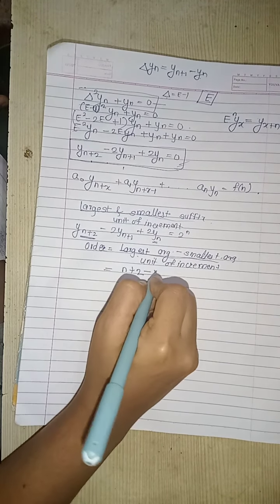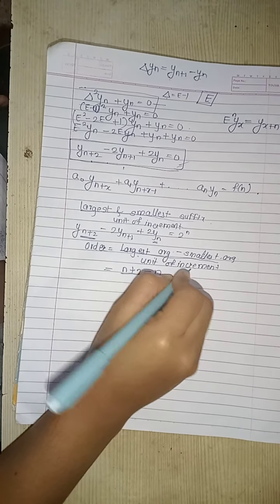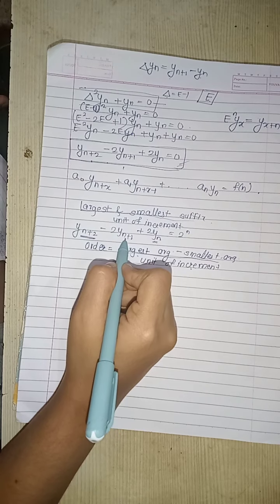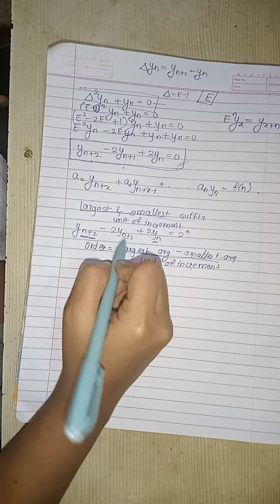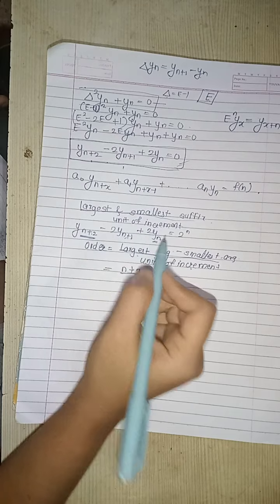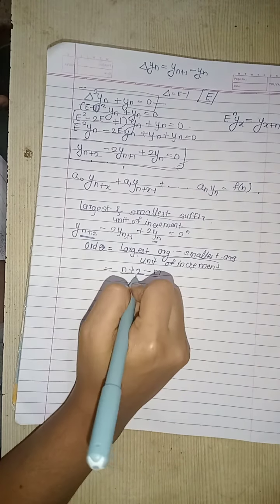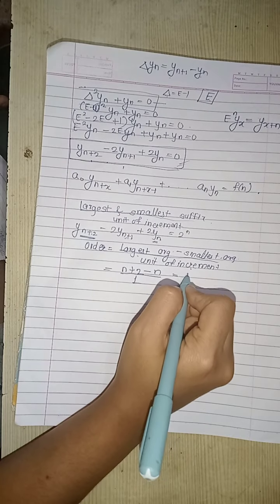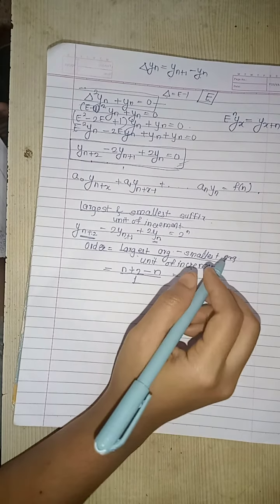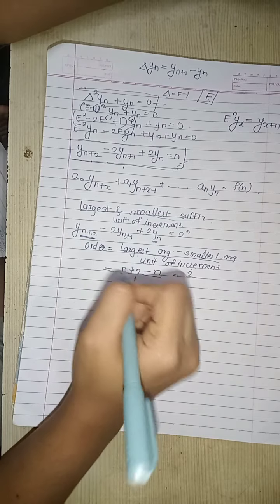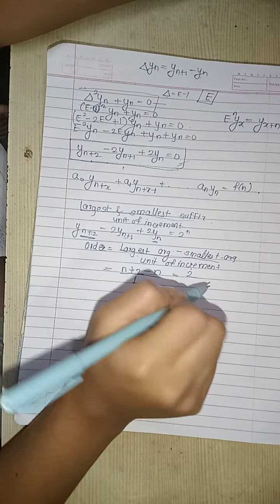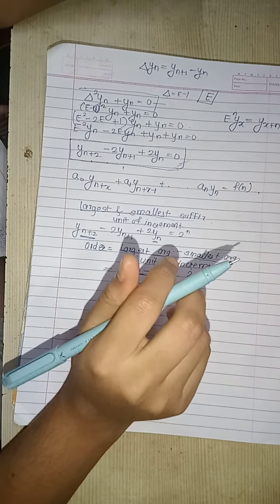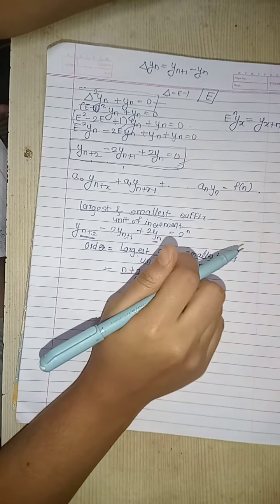Unit of increment is the increase in the value of n: n, n plus 1, n plus 2, so each consecutive term is increased by 1. So the increment is just 1. You get n minus n cancelled, so you get 2. So the order of this difference equation is 2. There are two ways to find the order, depending on the format of the difference equation.